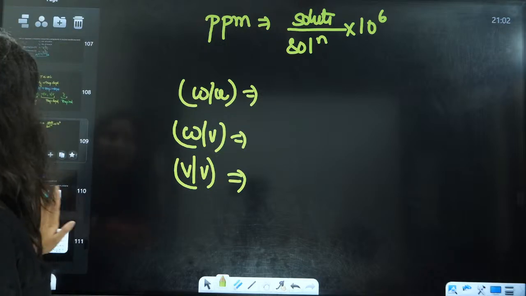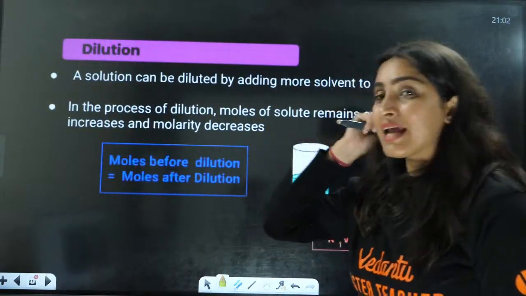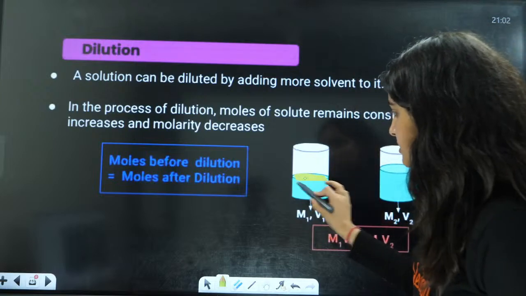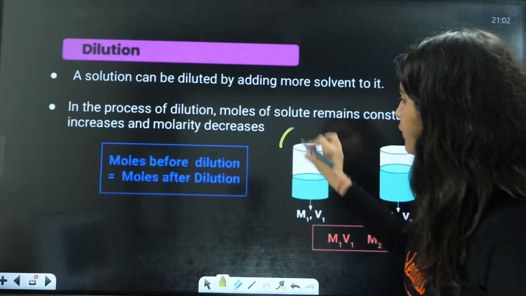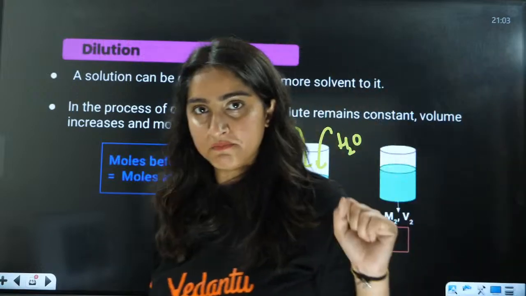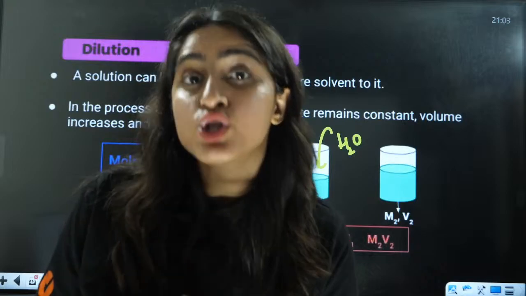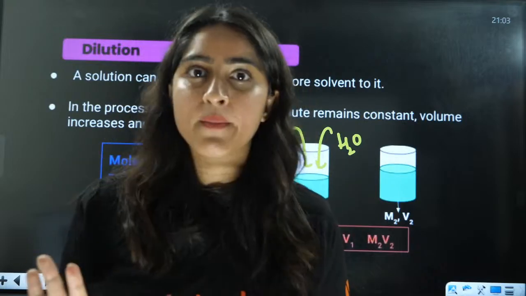Next, we have dilution. There are 2-3 more formulas for this. For example, you have a beaker with some solute or solution, and here you are adding water. If you are adding water, the number of moles of that solute will be the same.